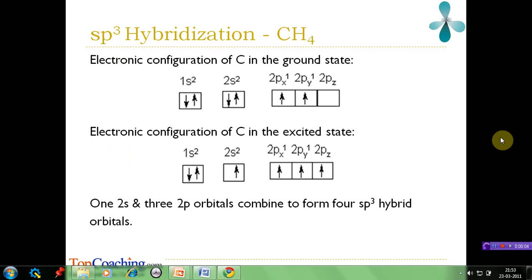The first type of hybridization is the sp3 hybridization. As the name itself indicates, 1s and 3p orbitals participate in this type of hybridization. We are going to understand this type of hybridization with the help of methane, that is CH4. Now, we know that the electronic configuration of carbon atom in its ground state is 1s2, 2s2, and 2p2.